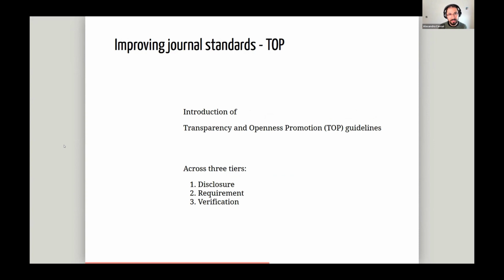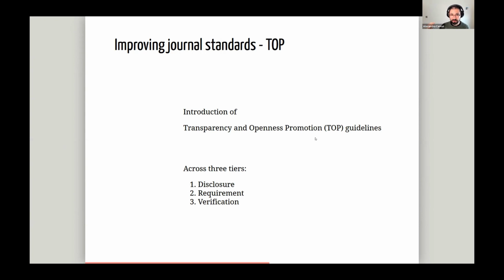Okay, so another type of standard that is being increasingly used in the social sciences for publication is called TOP, coming from Transparency and Openness Promotion. What this has is, again, different areas and different things that need to be reported in each article. And they have also 3 levels of how strict they are.